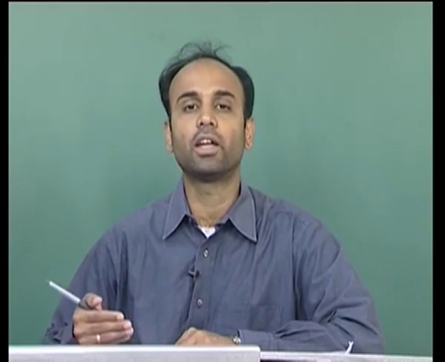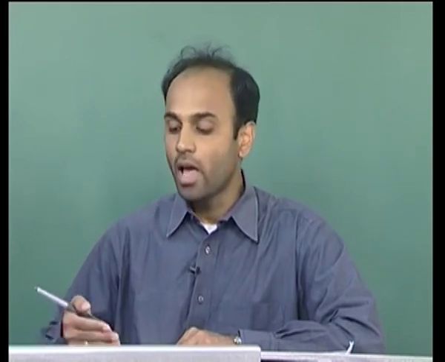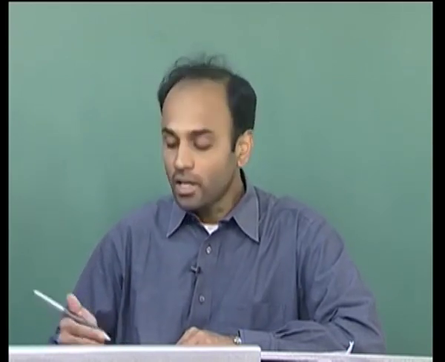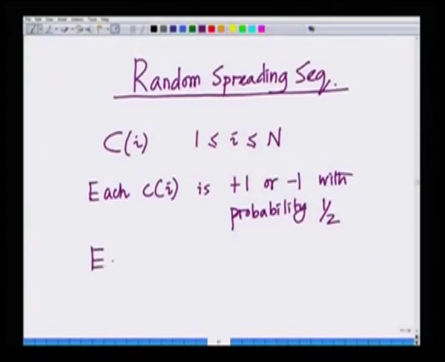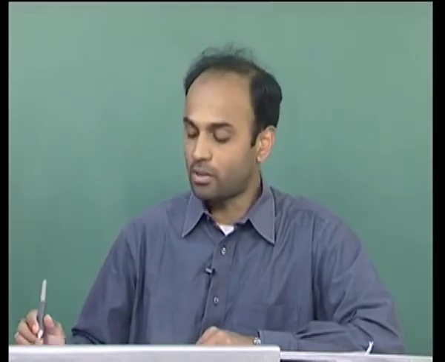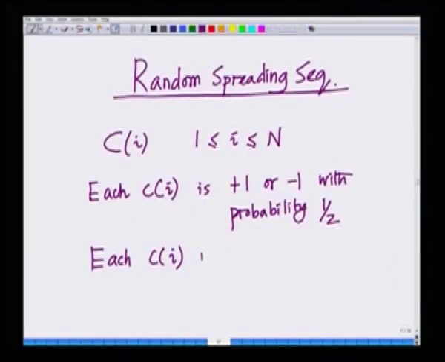If the coin lands on heads, it is minus 1. If the coin lands on a tail, it is plus 1. So, each chip is plus 1 or minus 1 with probability half, and more importantly, each Ci is independent of another chip Cj.